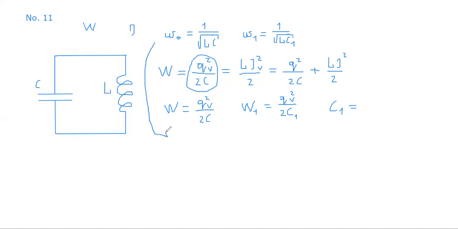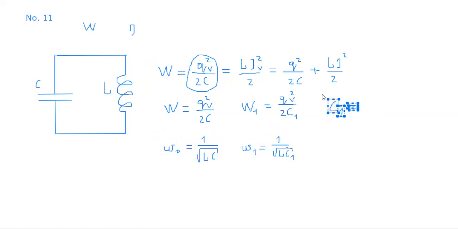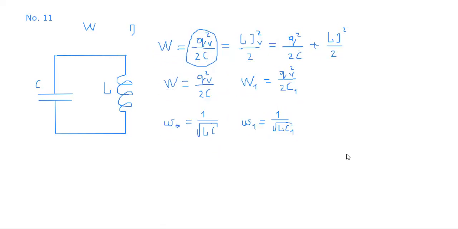Okay, so from here we have that eta is equal to omega 1 divided by omega 0. This is according to the condition.